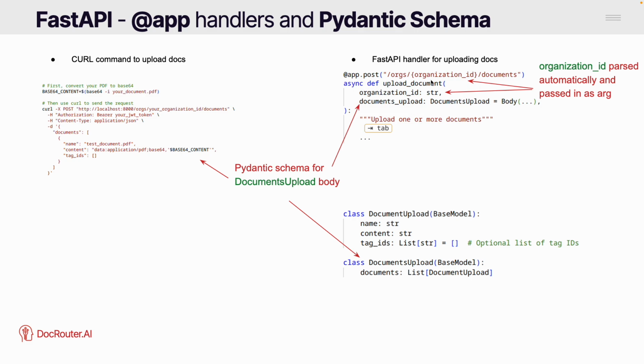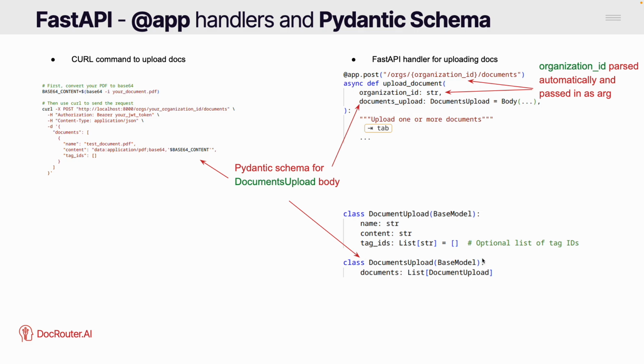So this is where Pydantic comes into the picture. Pydantic is another Python module that allows you to define the structure of objects, if you will. Very simple definitions. For example, in this case, to post a document, to upload a document, I want to know how this document upload structure is specified, and this is how the curl looks. You have to give a name, you have to say what the contents of the document are, and it's going to be a tagged document, so a list of tags.